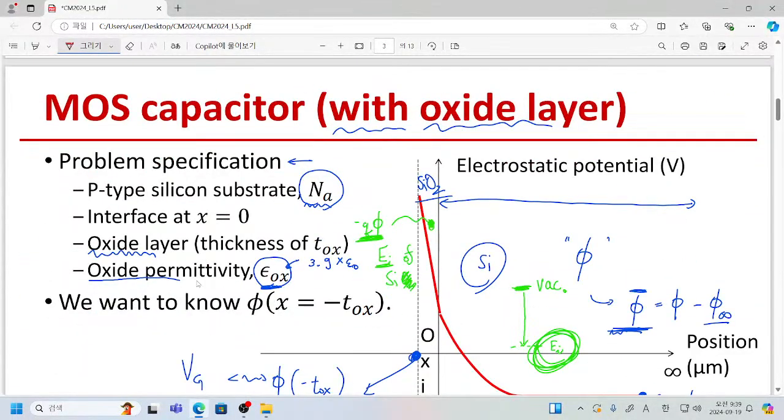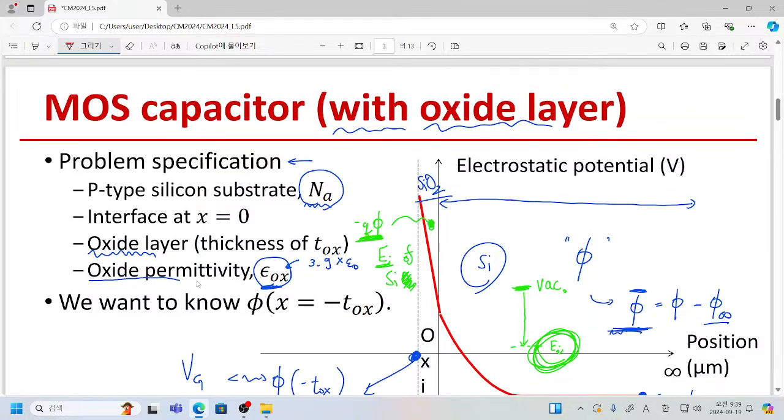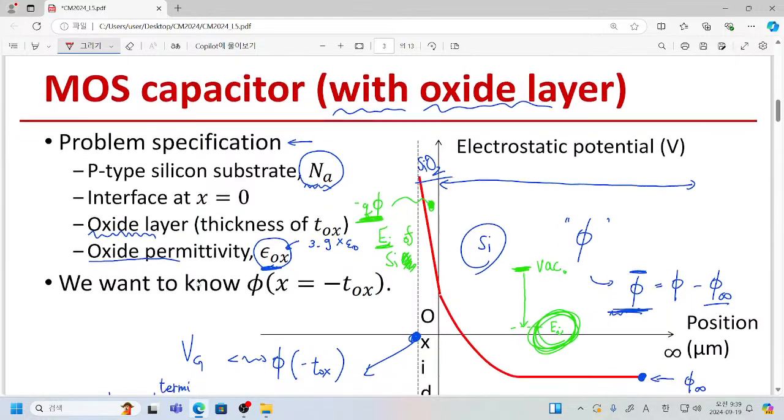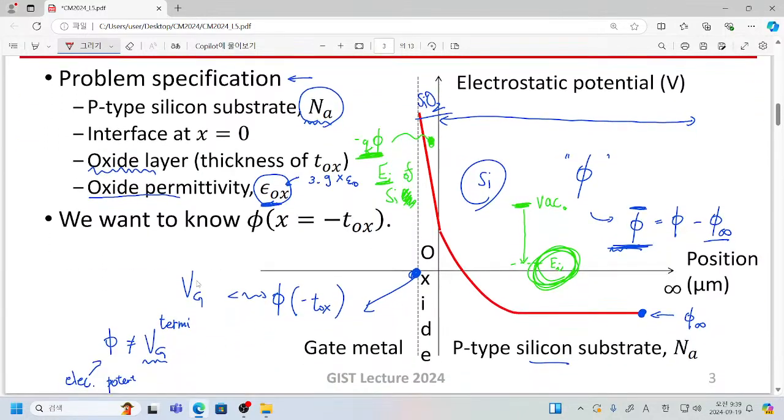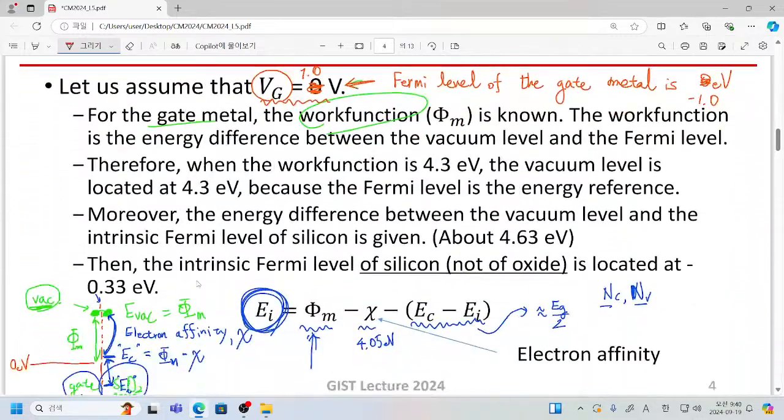Okay, so what we have done up to now is to consider this MOS capacitor as a somewhat more generalized system than just a silicon substrate. In this case, what we have to do is to introduce the boundary condition at this point, and we wanted to know the electrostatic potential at this metal oxide boundary, and the answer is it's not that easy.